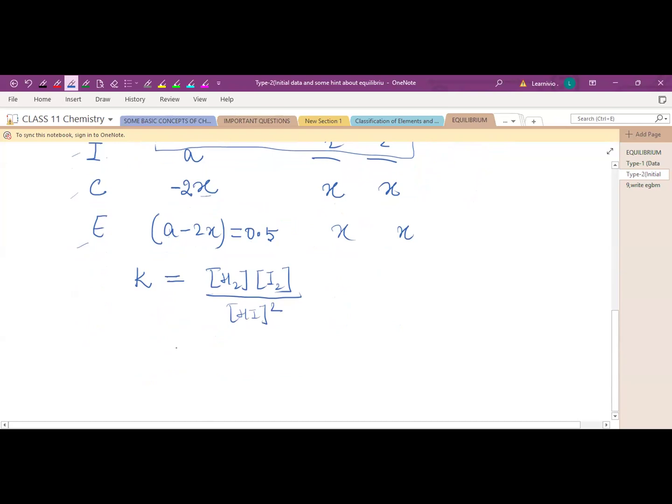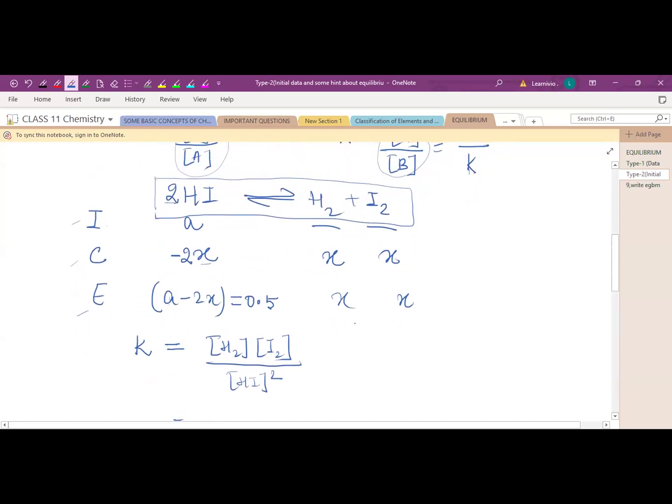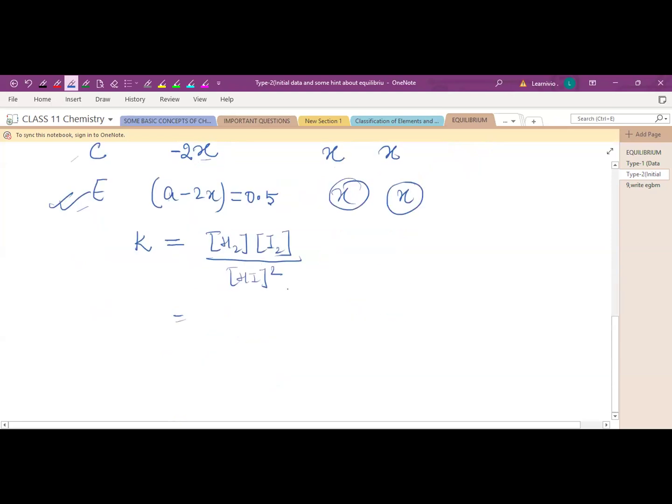Now the concentration of H2 and I2 is the equilibrium concentration, x and x, so substitute x multiplied by x. And the HI concentration is 0.5, given in the question. So you will write 0.5.